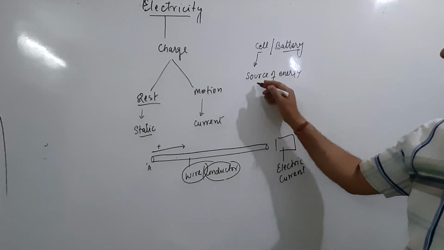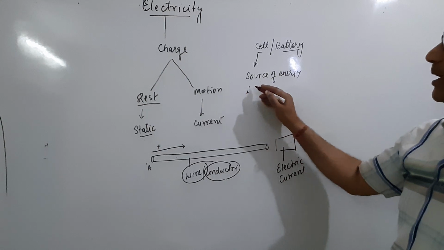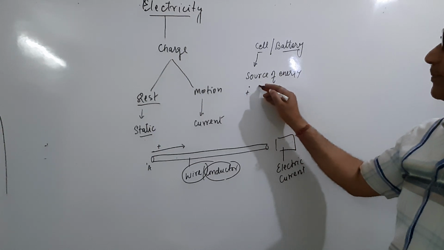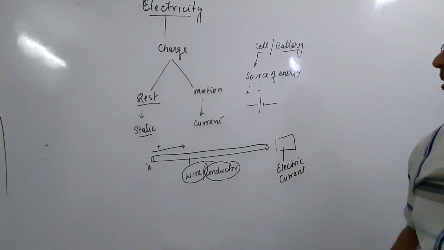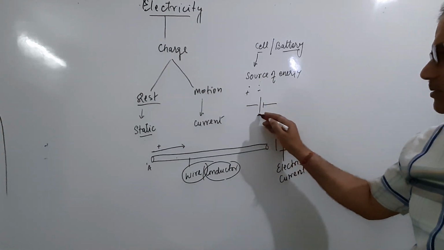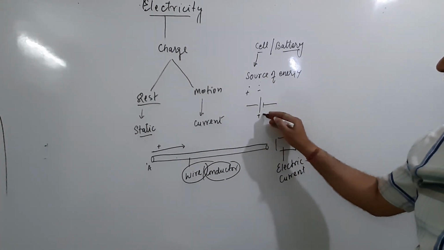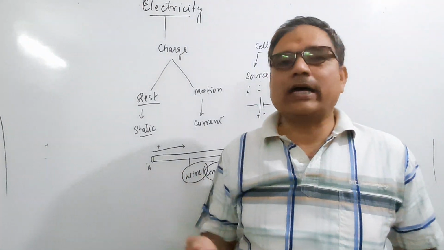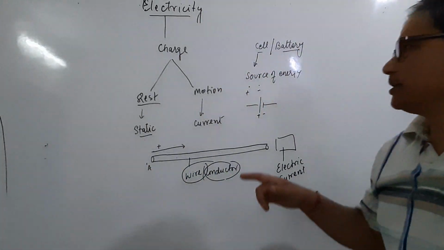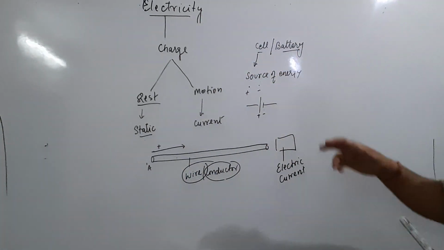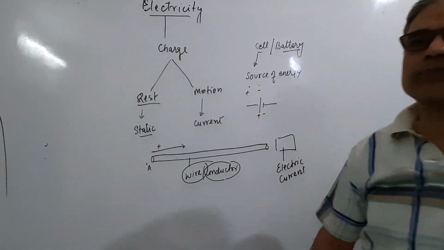Which energy does it contain? Chemical energy. It has two terminals, one positive and another negative, and it is represented by this symbol. Here the large line is positive and the small line is negative. So the cell contains two terminals, one positive, the other negative, and a battery produces a large amount of energy as compared to a cell.